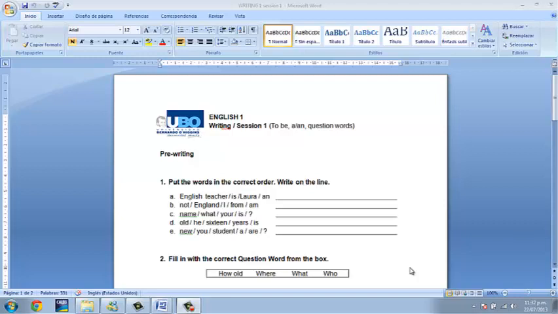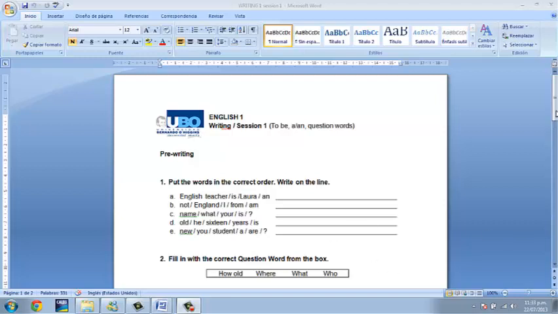The so-called LRC is divided into two main rooms, which are the listening and speaking room and the writing and reading room, which is the place I work. That's why I just have reading and writing exercises and tasks.